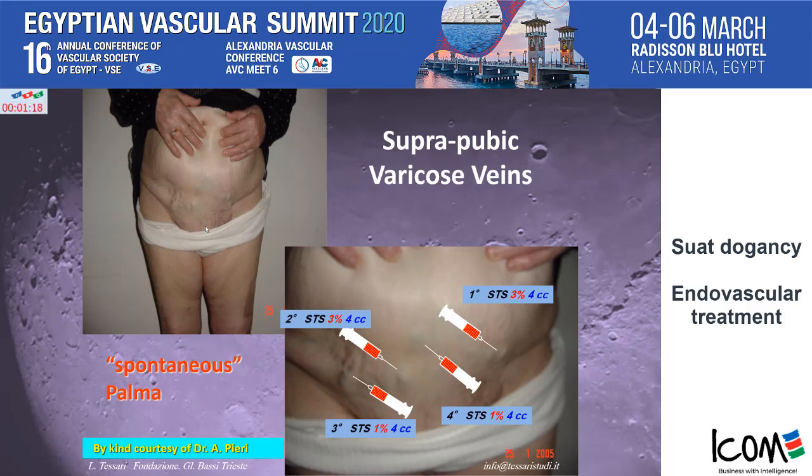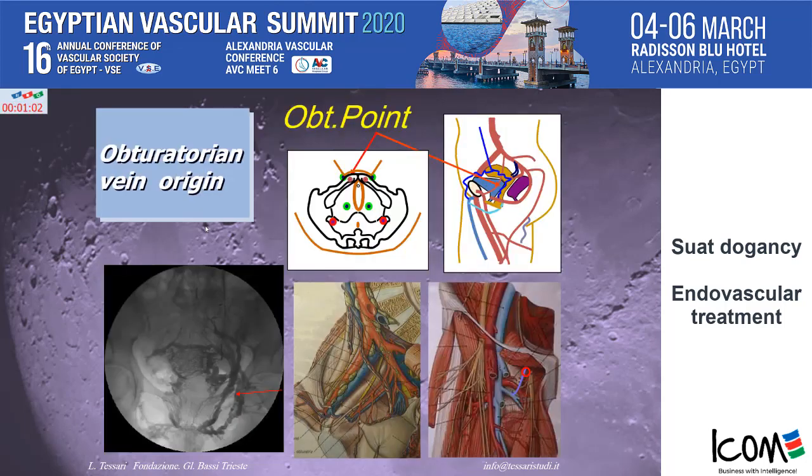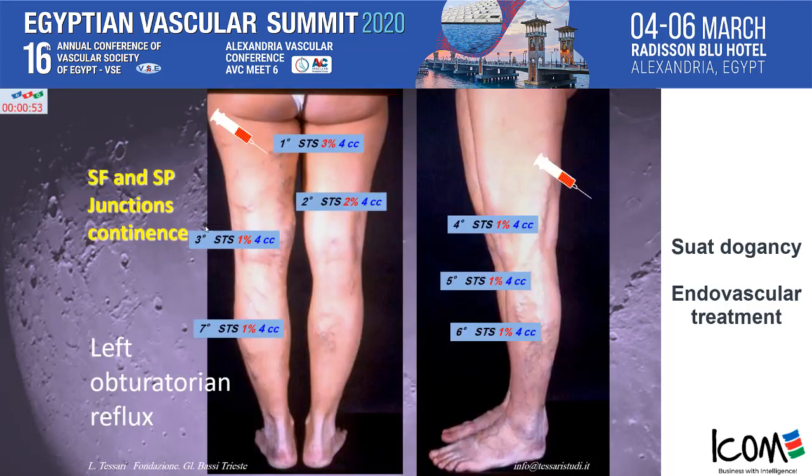This is just for sclerotherapy, a strong sclerotherapy with 3% foam in many sessions. The other one is an obturator vein origin that comes always from the left ovarian vein and arrives in the inner part of the posterior part of the thigh. Also here, sclerotherapy is a good method to cure it.